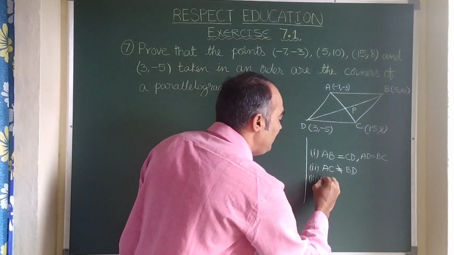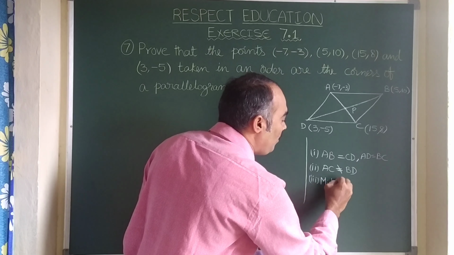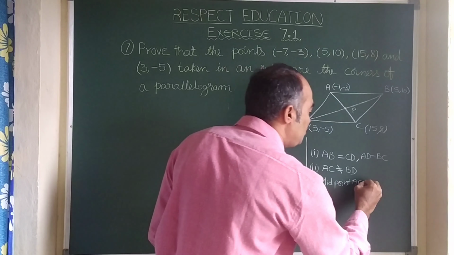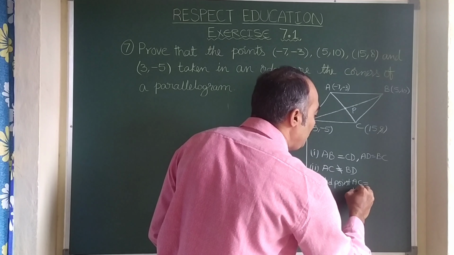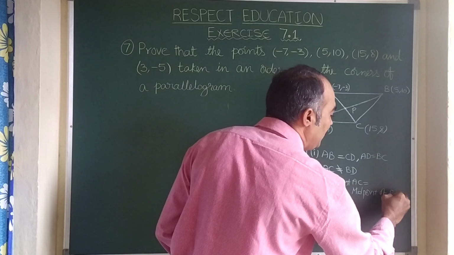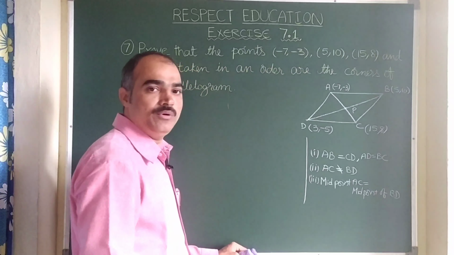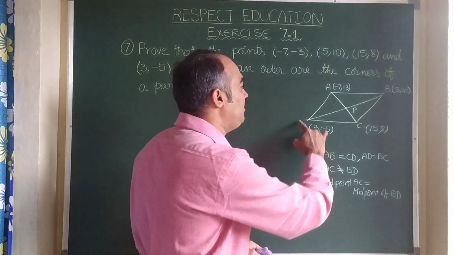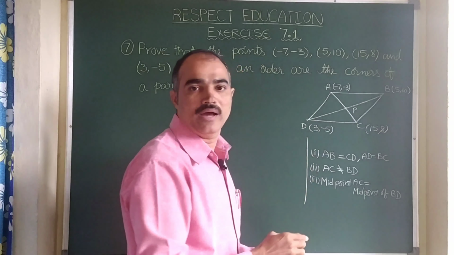So we check that the midpoint of AC is equal to the midpoint of BD. If we are able to prove all three conditions, then ABCD will be a parallelogram.